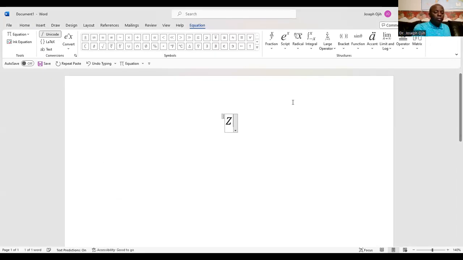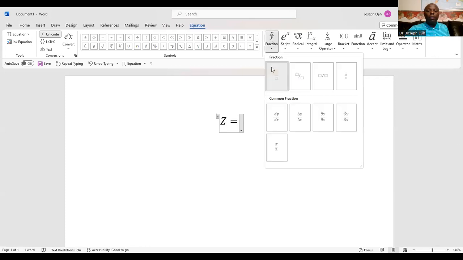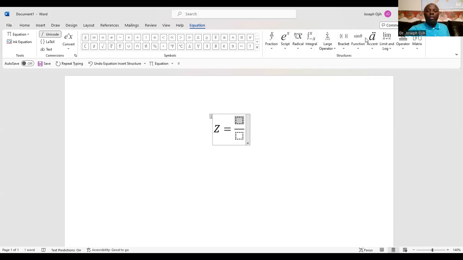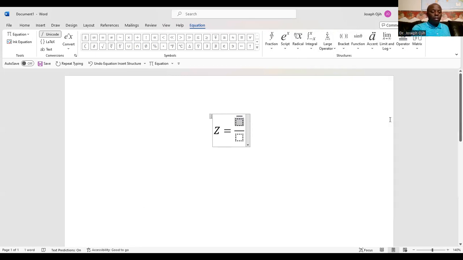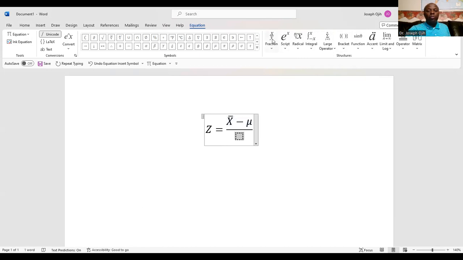Now, I'll take you there so you can see, and put it on this workbook. So z equals x bar, which is this, minus mean, divided by standard deviation over square root of n.